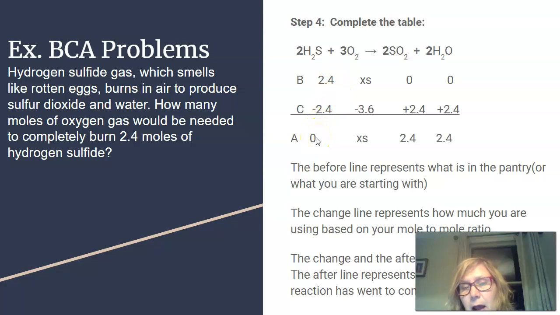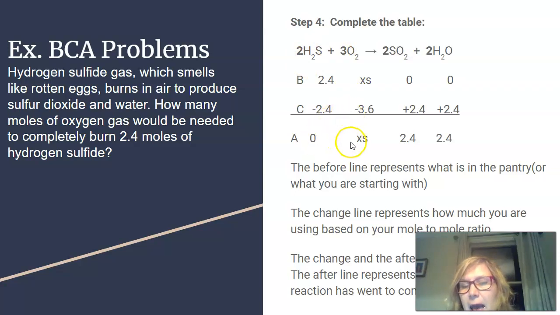So that's how much I have left over. That's really what the after line is about, how much do you have left over of your reactants and products. So then I take 2.4, divide by 2, multiply by 3. Again, that's how I got negative 3.6.